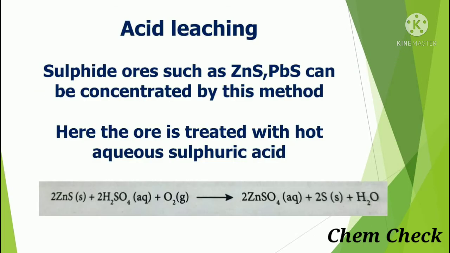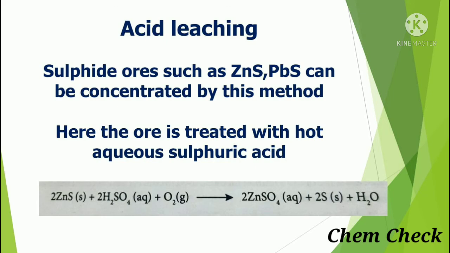Next one will be acid leaching. In the case of acid leaching, as I told you earlier, hot aqueous sulfuric acid is the acid used here. Some sulfide ores, for example zinc sulfide or lead sulfide or even copper sulfide, can be concentrated by the acid leaching process.